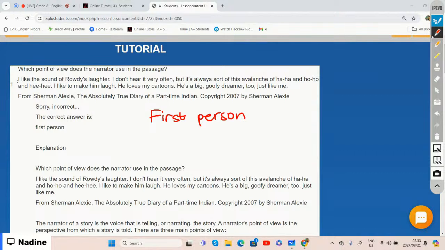We know so even based on the pronouns that are being used. Like, "I like the sound of Rowdy's laughter. I don't hear it quite often, just like me," right? And "I like to make him laugh." Those are also words that stand out.